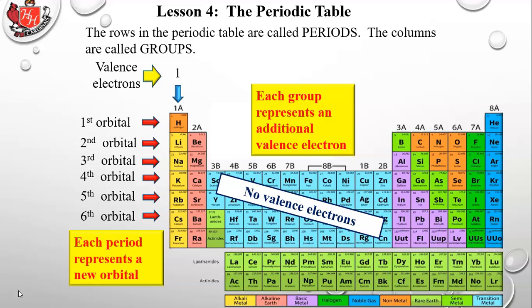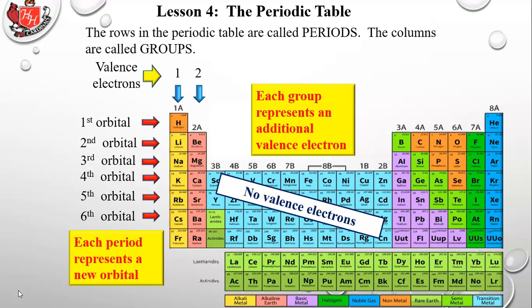There's no elements in between hydrogen and helium in the first row. So it has 2 valence electrons. It also has 1 orbital, but it has 2 valence electrons. And you can see those are the only 2 elements in the first row. That means there are no more elements that have only 1 orbital. It's only hydrogen and helium.